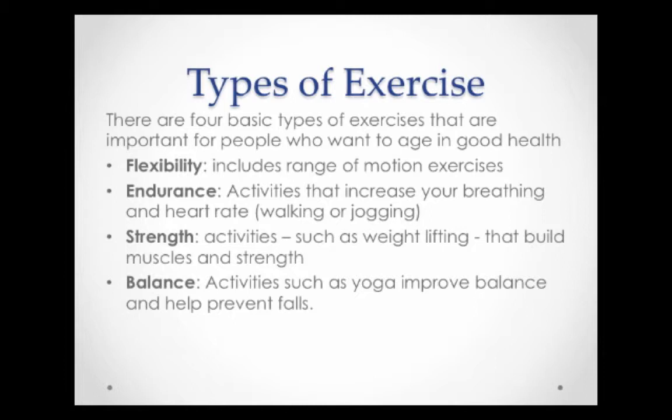They improve the health of the heart, lungs, and circulatory system and help prevent many diseases, including diabetes and strokes. Strength. These activities, such as weightlifting, build muscles and strength. Studies suggest that strength exercises may also help prevent osteoporosis. And balance. Activities such as yoga improve balance and help prevent falls, a common problem in older adults.